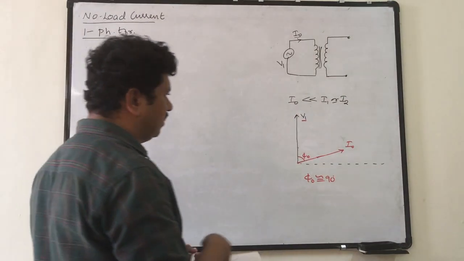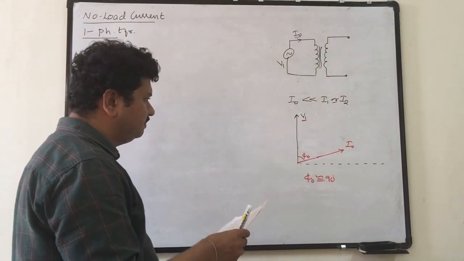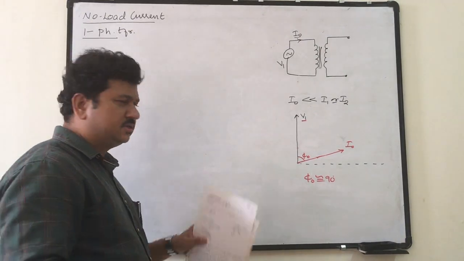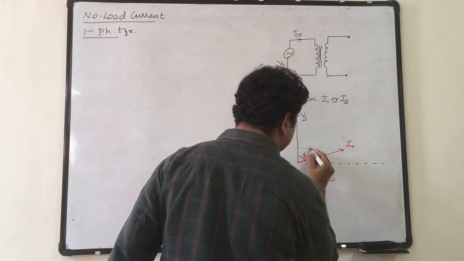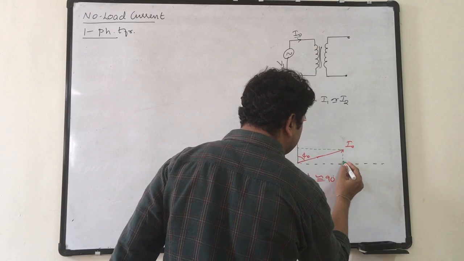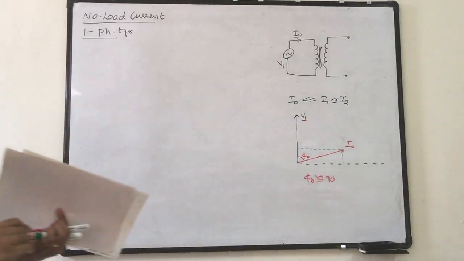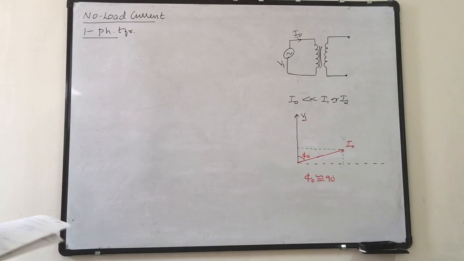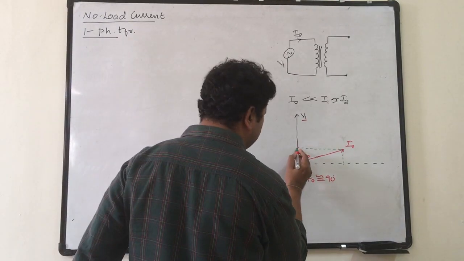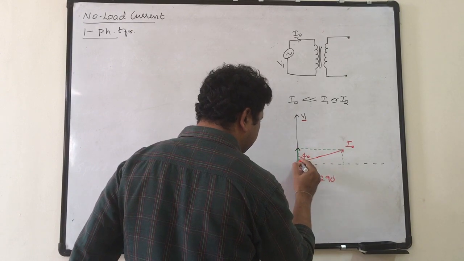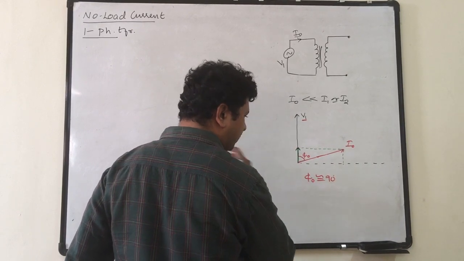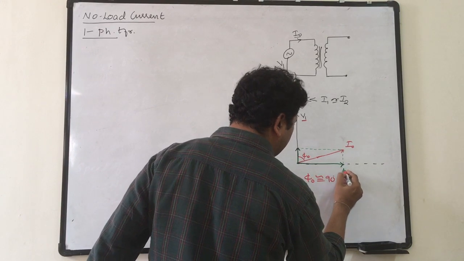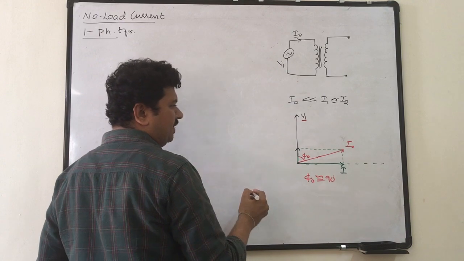Now this vector I0 can be resolved into two vectors: a current component in phase with the voltage V1, and a current component at an angle of 90 degrees with respect to V1.